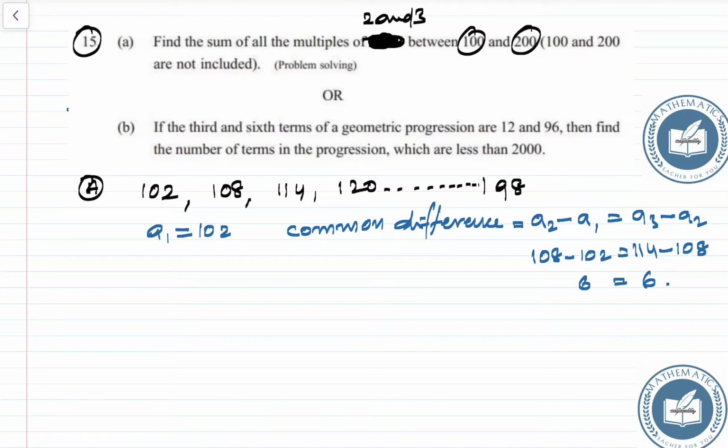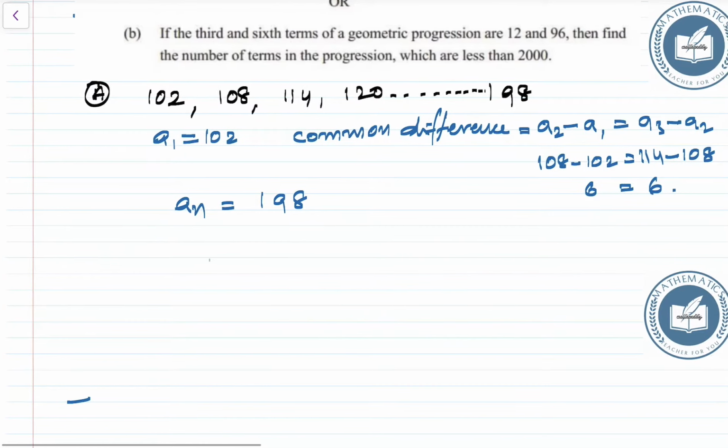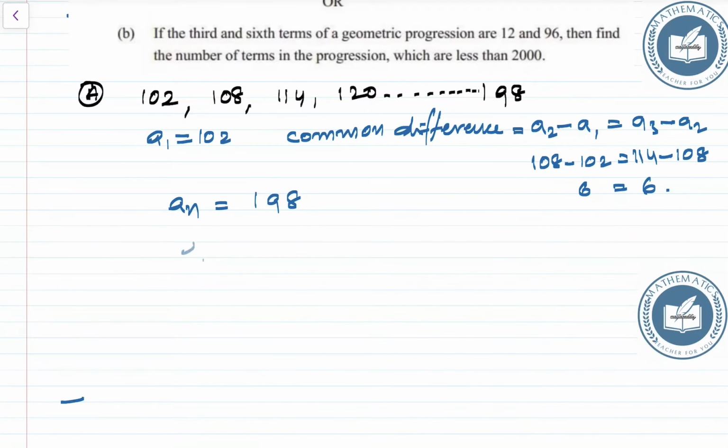In the AP, we can find the number of multiples of 6 between 100 and 200. Here An is equal to 198. You know that An is equal to A1 plus (n minus 1) times d.